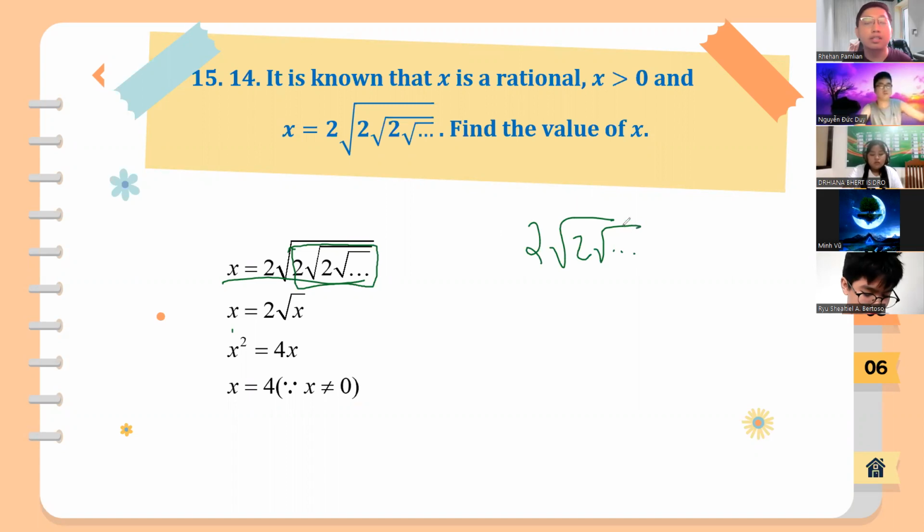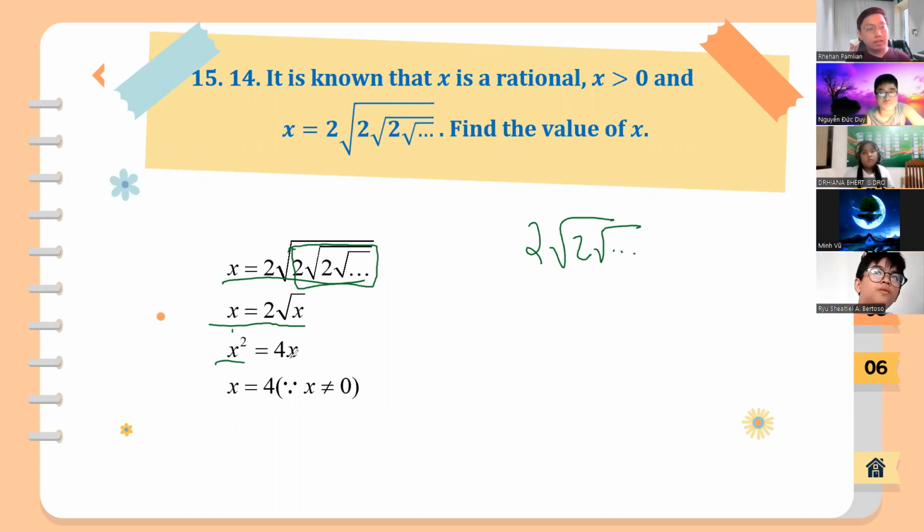It's continuous, an infinite number. You don't really know where it ends. So you see here, x is equal to 2 square root of x. Now we have x on one side and a square root of x on the other side. So you just have to take the square. So x squared is equal to 4x, to get rid of the square root.